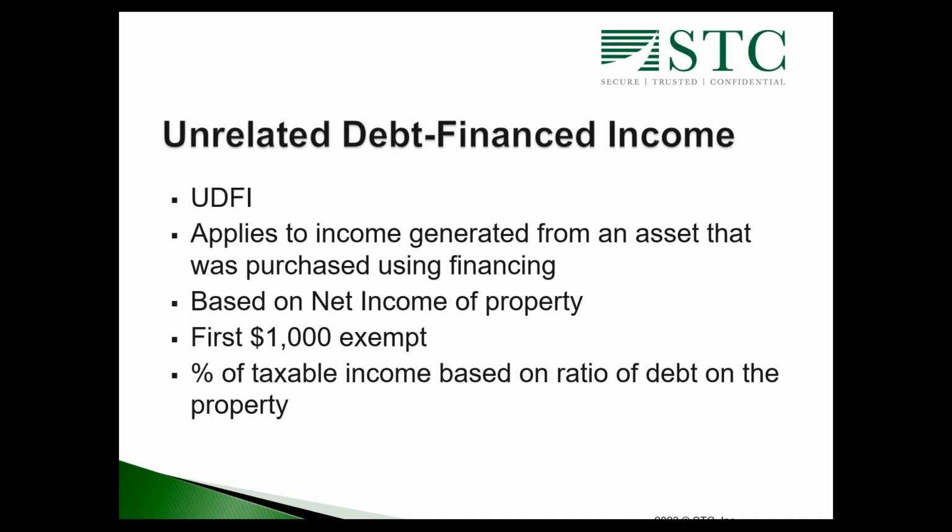Okay, the first $1,000 is tax exempt. Then of the $50,000, only 50% of that is debt financed. So only 50% of that is going to be subject to UDFI. So it is based on the ratio of debt on the property.